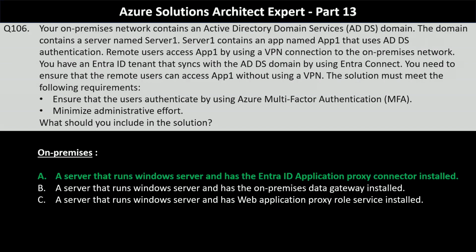And friends, the correct answer here is option A. Entra ID application proxy connector allows secure access to an on-premise application like App1 over the internet, eliminating the need for a VPN and supports conditional access policies, including MFA, ensuring secure user authentication.